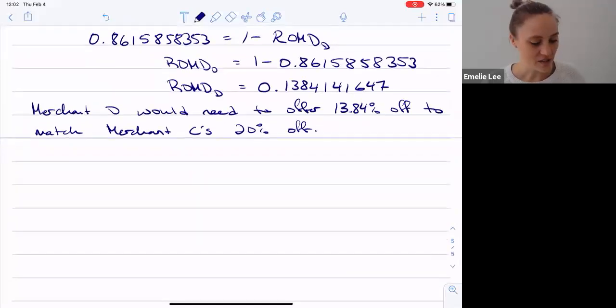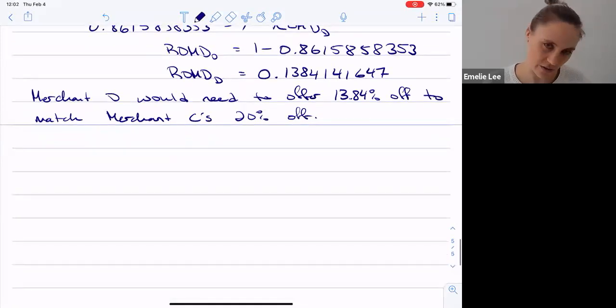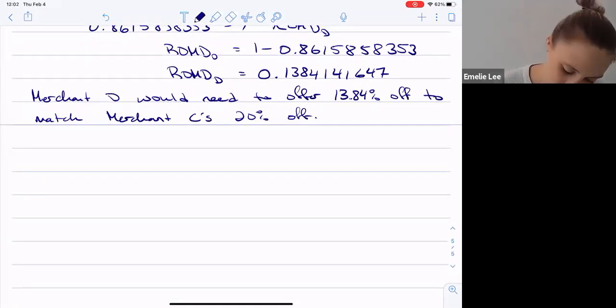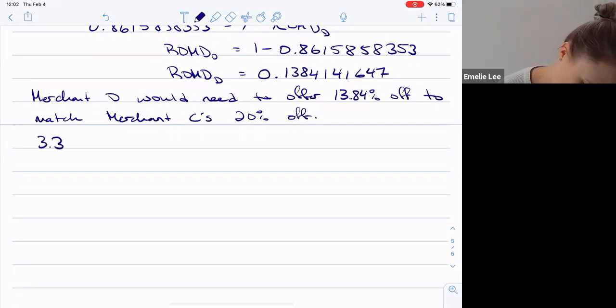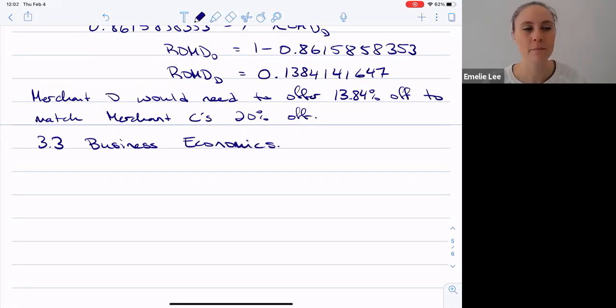All right, so section 3.3 is on business economics. I know that's really vague and not very helpful, but section 3.3 is called business economics. Okay. So here we're going to build profit functions.